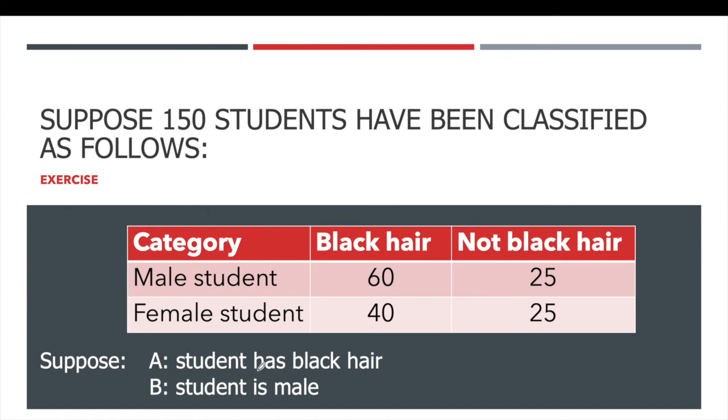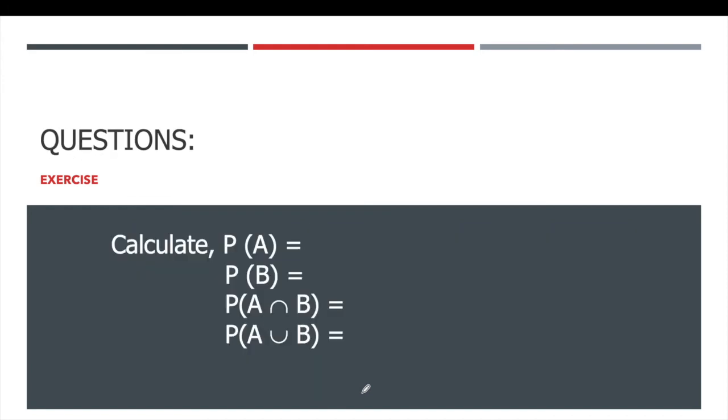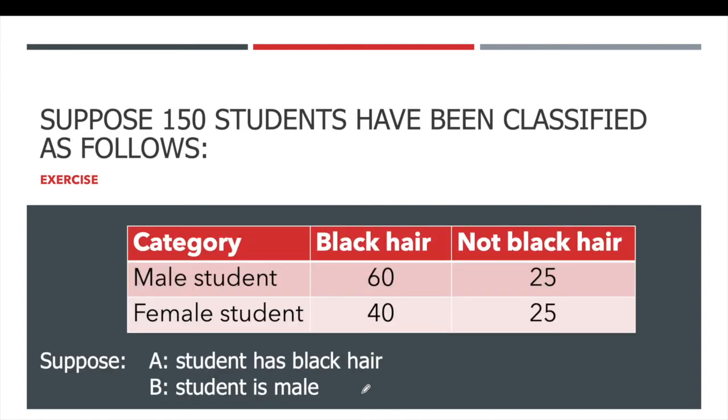Suppose A is the student who has black hair and B is the student is male. The question is, what is P(A), the probability of A?